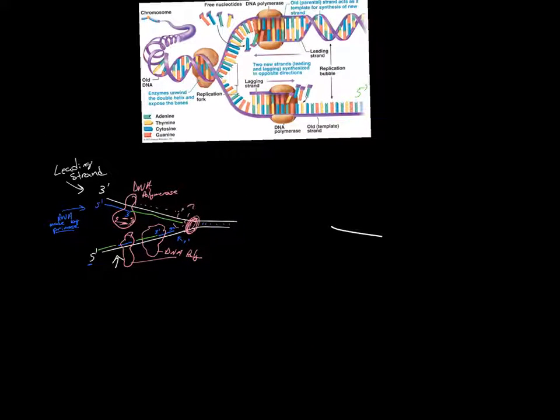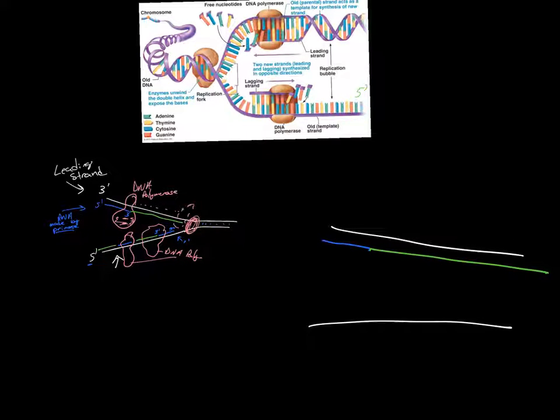So what you're going to end up with is kind of this that has a little bit of blue and a lot of green, just a straight kind of green. And then the other molecule, the lagging strand, is going to have little blue and a lot of green.